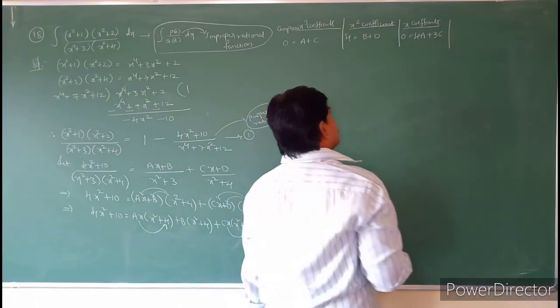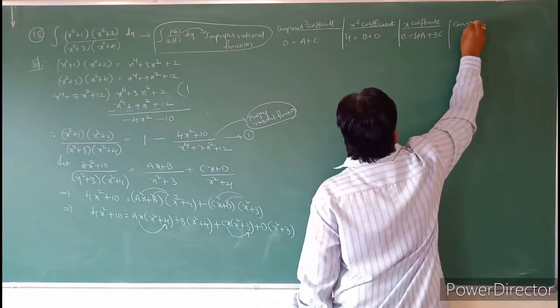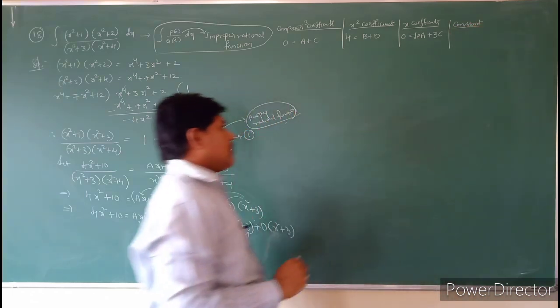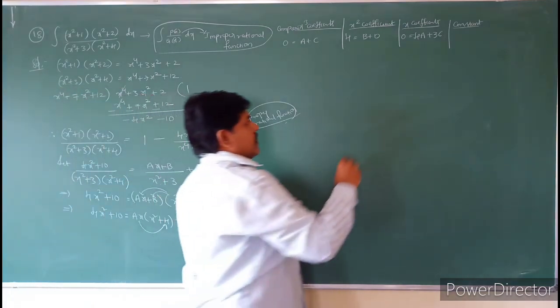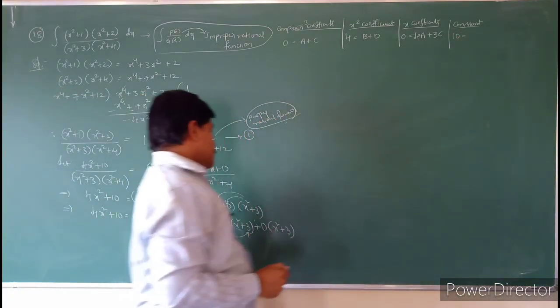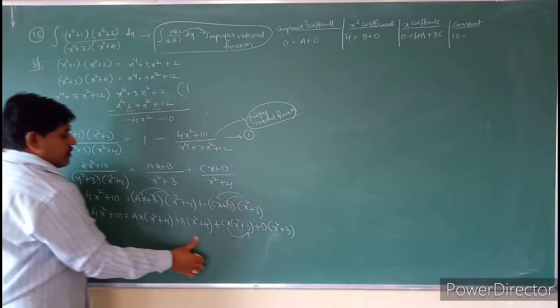Next, constants. I will take the constant. So what is the constant, Sarah? The constant is 10. LHS constant is 10. So that is equal to, in the RHS side, what is the constant?